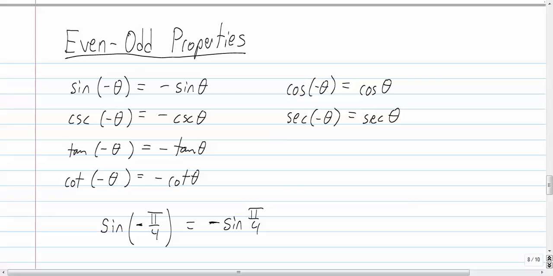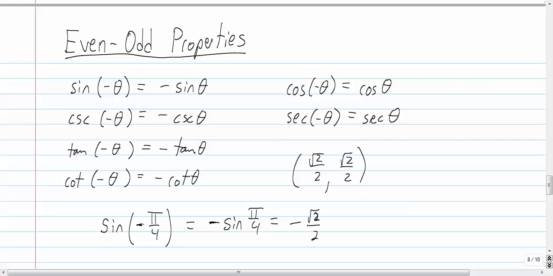So we all remember that pi over 4, we associate that with the point square root of 2 over 2, square root of 2 over 2. And we remember that sine is the y coordinate. So that means that this is equal to negative square root of 2 over 2.